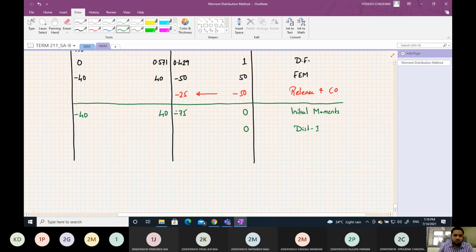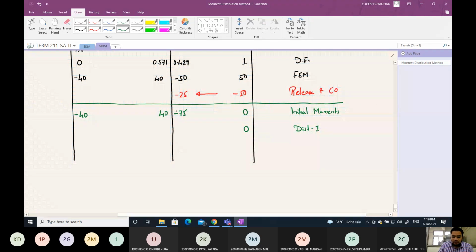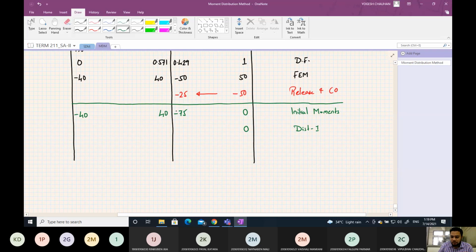So minus 35 is the unbalanced moment, so you have to balance this, so it will be the opposite sign, that is 35 into the distribution factor, that is 0.571, so it will be 19.985 for this member, and 0.429 multiplied by 35, that is 15.015 for this member. Now the distribution factor here is 0, the unbalanced moment is 40, so 40 into 0, that is 0, so again this will be 0.